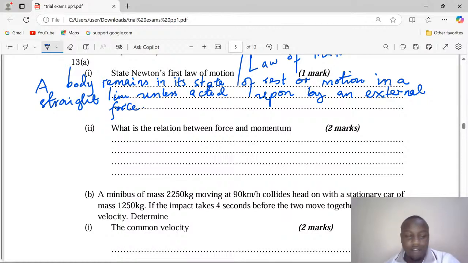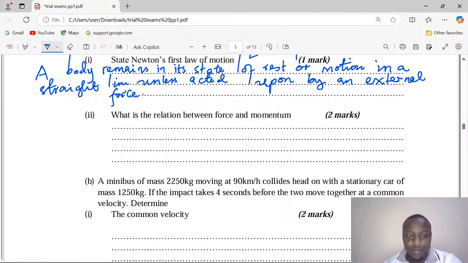So if you have a body which is resting, that body will remain at rest. If a body is moving uniformly on a straight line, it will remain moving unless acted upon by an external force.